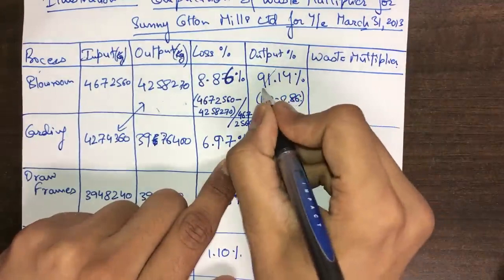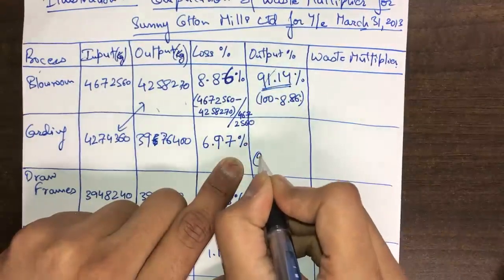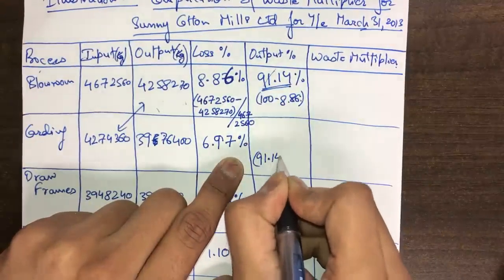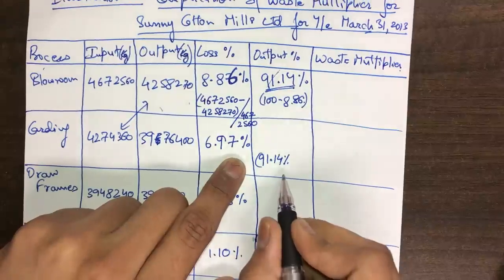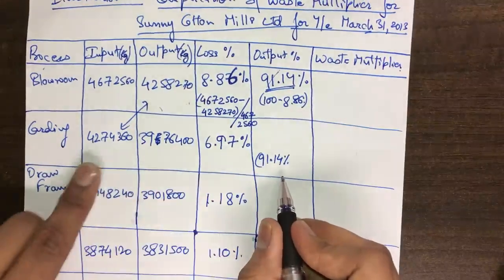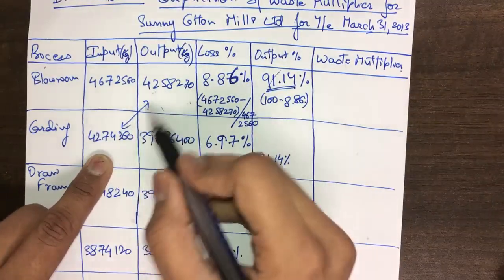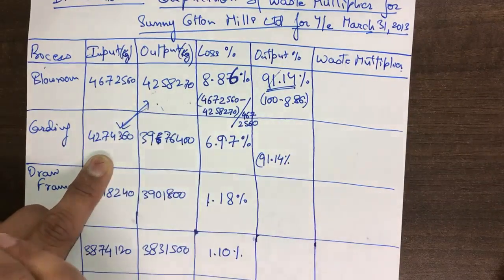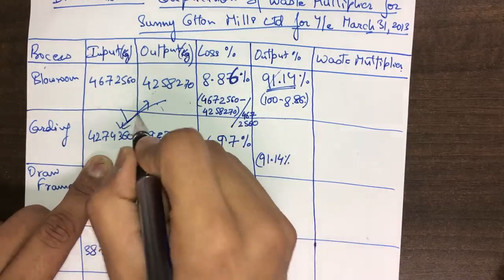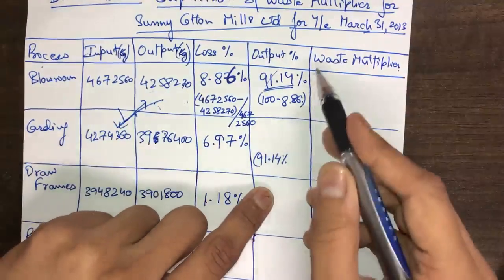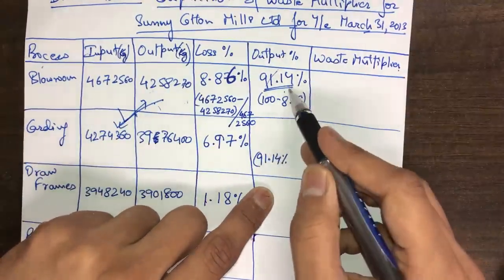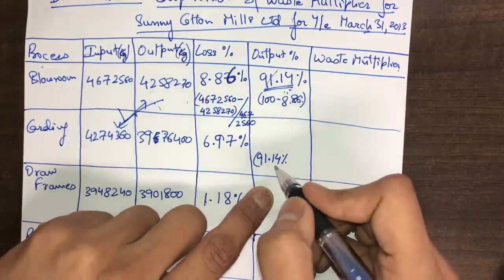Now be careful with the second output percentage. Now I want to use this output as my input in the second process. But sir, there is a disparity between the input and output of the first and second process. Of course there is a disparity, and to rectify this disparity, I want this computation to be in parity and not in despair.